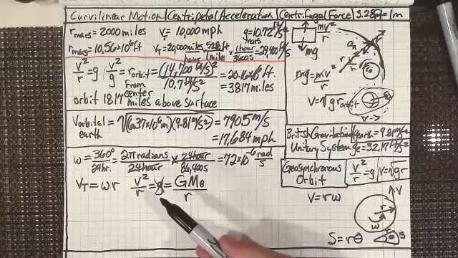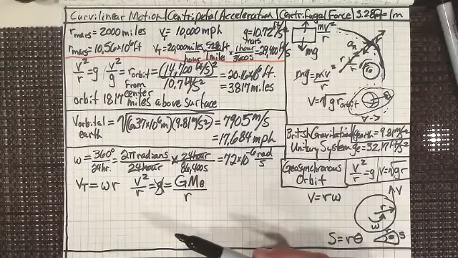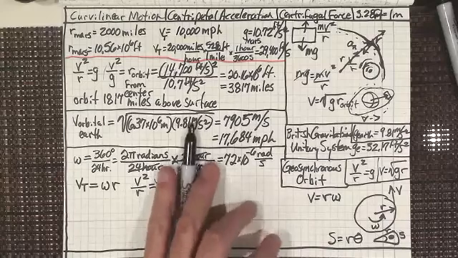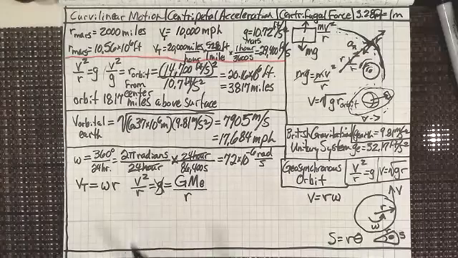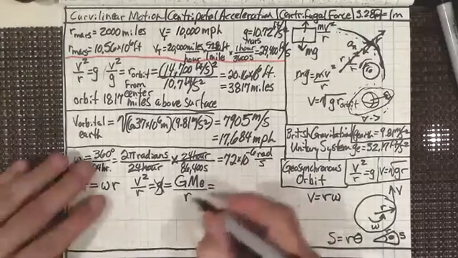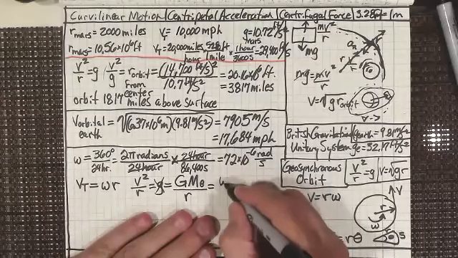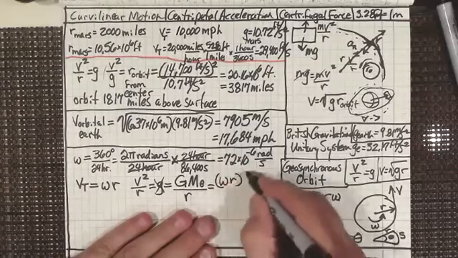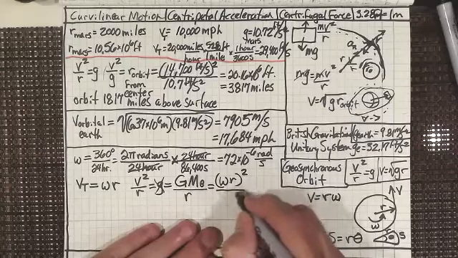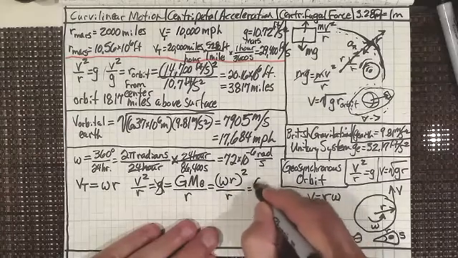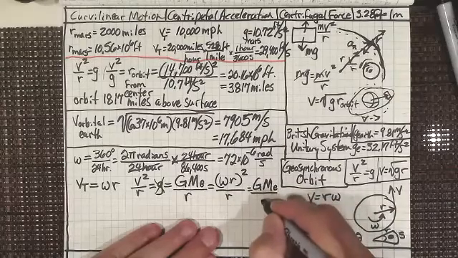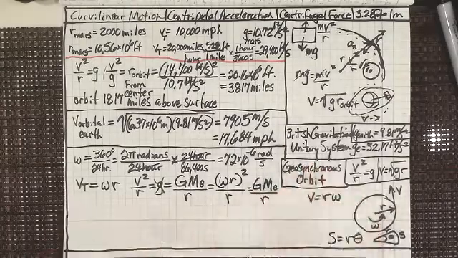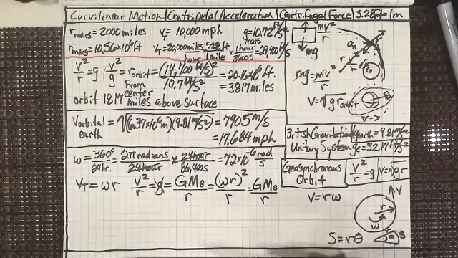Well, we know that v is omega r, so that's omega r squared over r equals g times the mass of the Earth divided by r. So I can get rid of some of these r's.